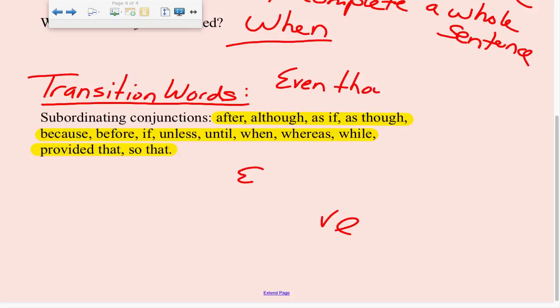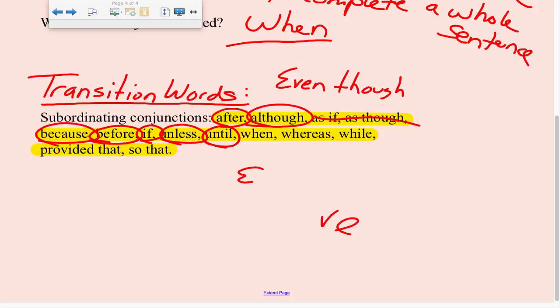You have although, even though. Because is good, before is good, if, unless, until, when, whereas, not so much, while is good. Provided that, so that, forget those. Nobody writes that way yet. If you get those down, those are some meaningful transition words.